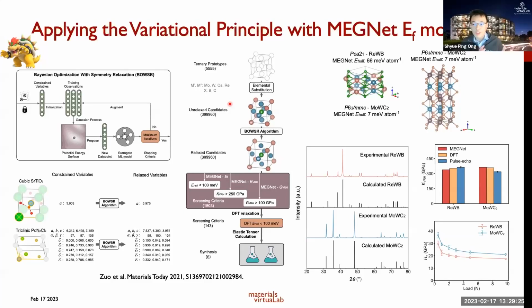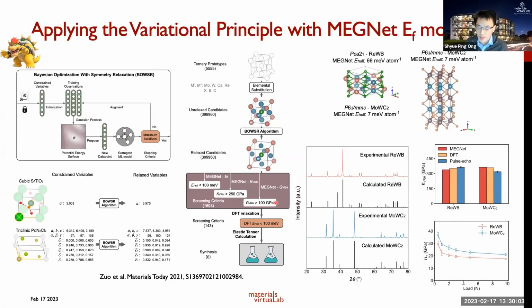So remember, the Materials Project structure database is only about 140,000 structures, right? So you are doing about 4 times the Materials Project to calculate 400,000 crystal structures. But with our MEGNet formation energy model and the Bayesian optimization algorithm, we can relax all 400,000 crystal structures, and we can do this in the space of a few hours, right? And after that, with the relaxed crystal structures, we can then use our MEGNet formation energy, bulk modulus, and shear modulus models to predict these properties.